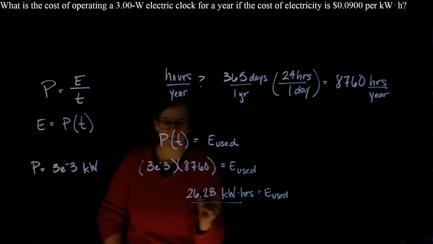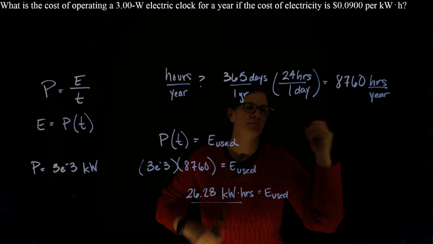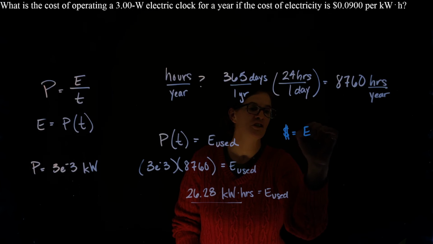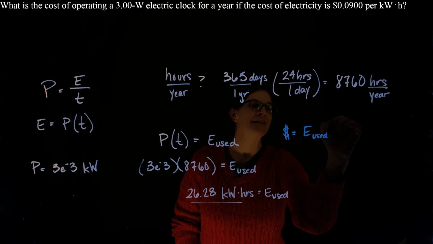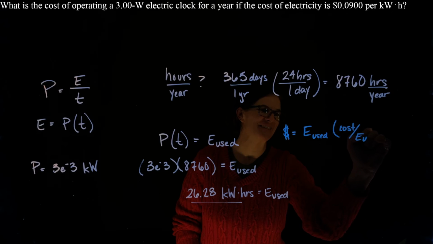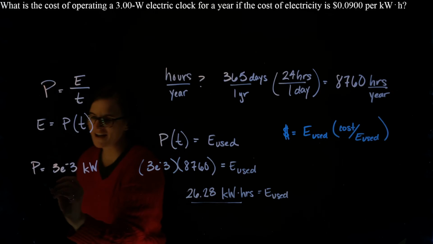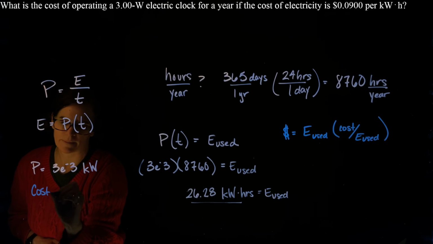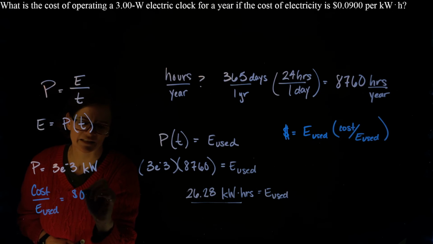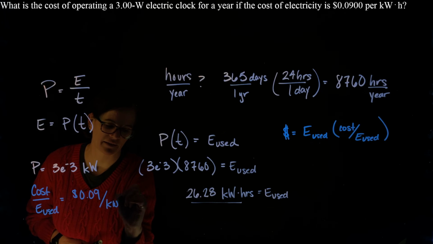Well, the cost, our dollar amount, is equal to the energy used times the cost per energy used, which we're given in the problem. So our cost per energy used was 0.09 per kilowatt hour.